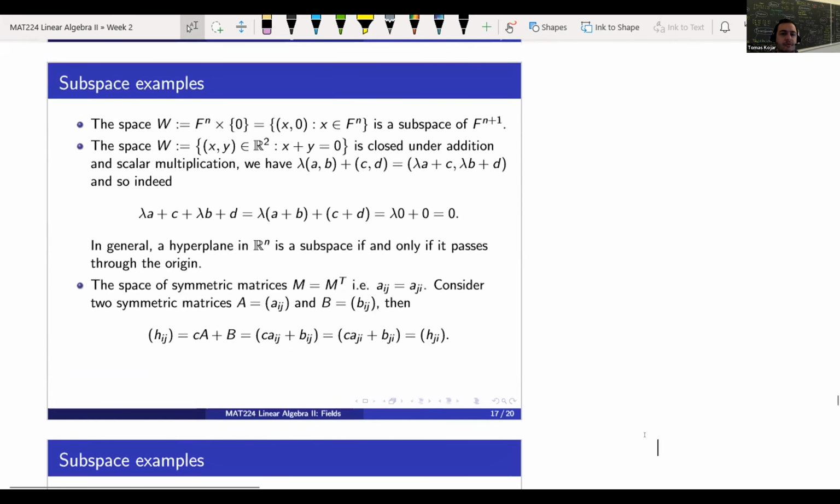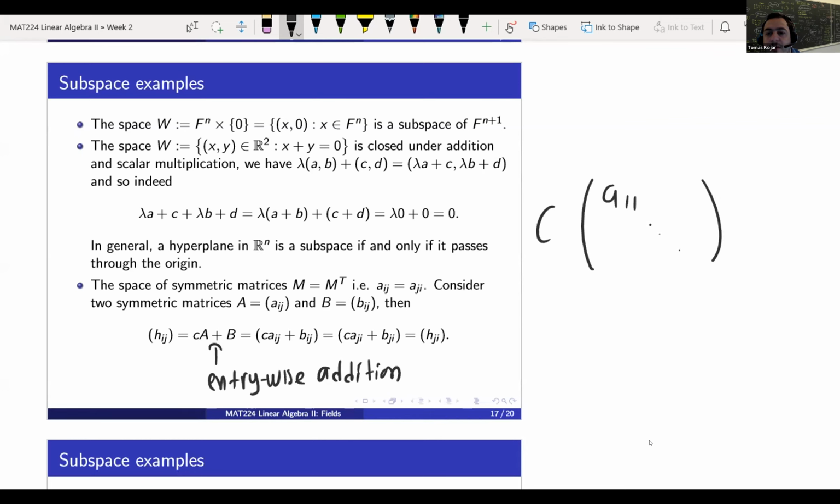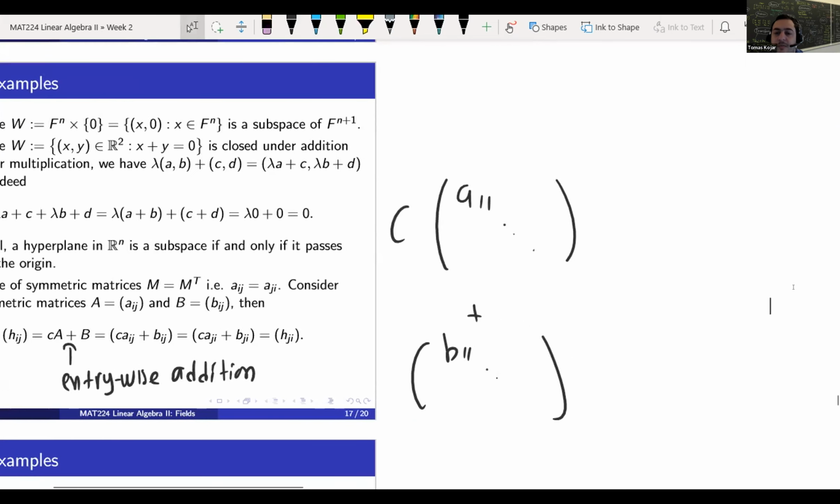Okay, so these are our matrices and we want to show closure. It's pretty easy. The addition is entry-wise addition. So you start with C times A plus B matrices. So you have C and then you have A11 all the way down, and you add the B11 all the way down, and you do the addition component by component, right? So the first component would be like C A11 plus B11, and then same thing for other stuff, right?